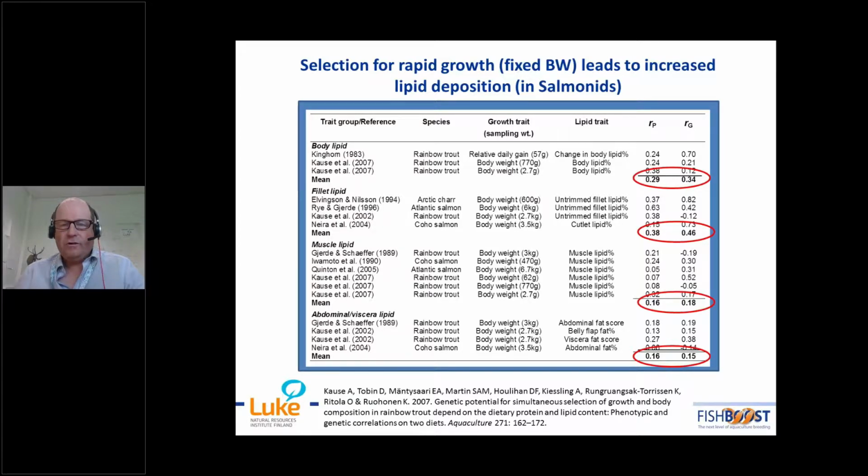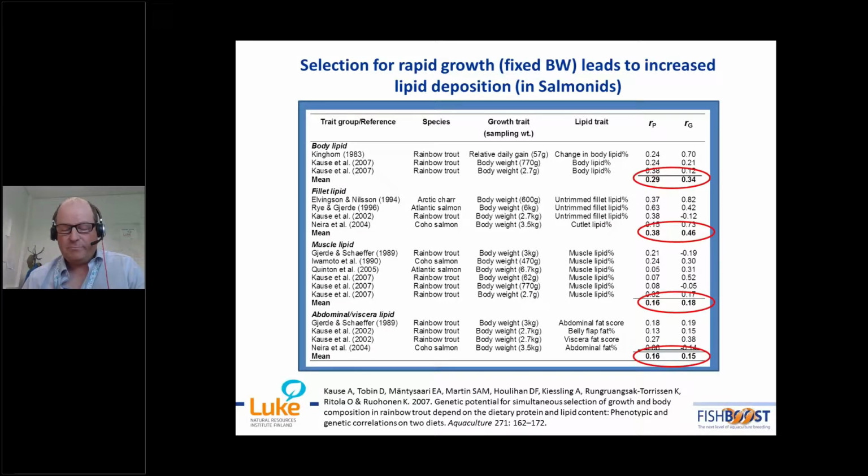So if you don't do anything with lipid deposition, it's just getting higher and higher. So it would be nice to control it anyway. And this creates a situation where we can actually select for fast growth and, for example, maintain lipid deposition at a fixed percentage. And it should improve feed conversion ratio.